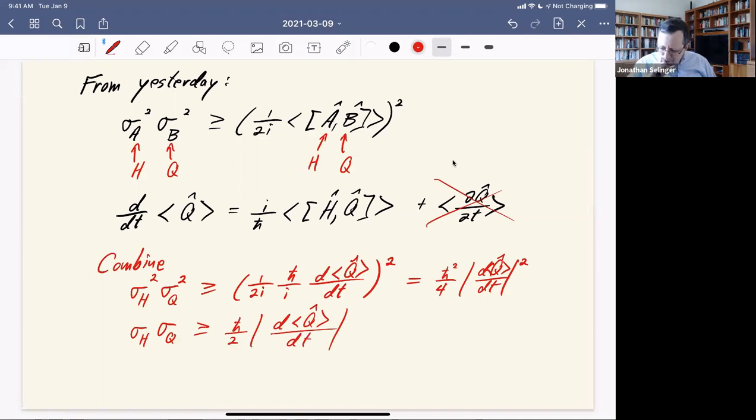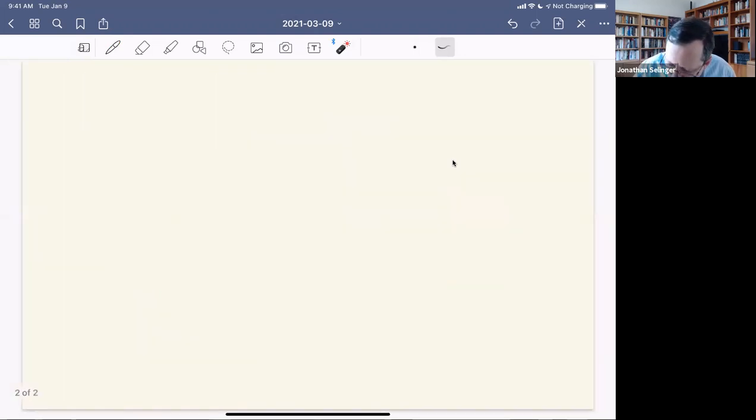This is sort of interesting, but what does it mean? To figure out what it means, let's divide both sides by this derivative inside the absolute values.